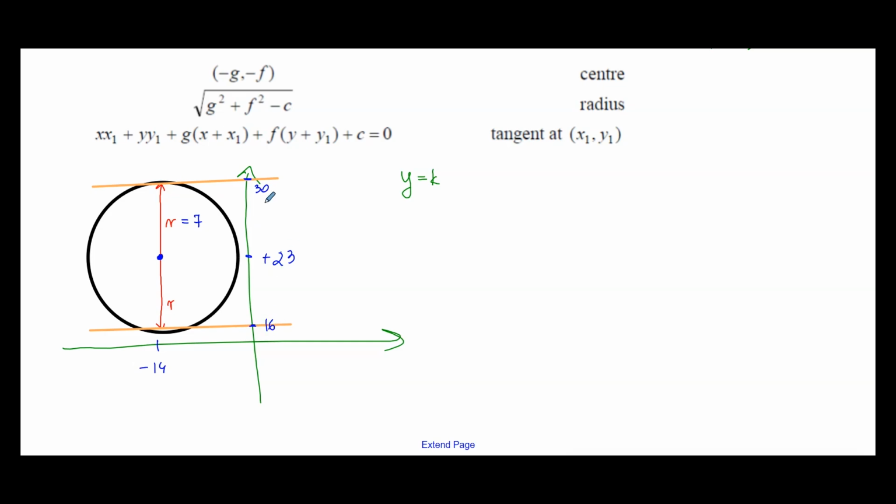So therefore I will have the two values of y, the two values of k I'm looking for. So again, how am I reasoning? If to 23 I add the radius, that will give me that line. The other line will be 23 minus the radius, and it will give me k. So I am getting closer. I am creating an equation that I can work with.